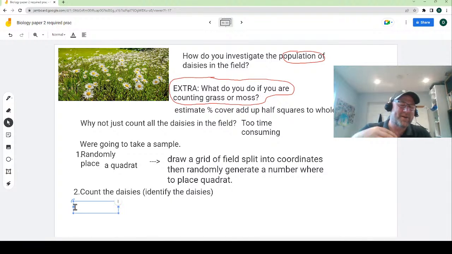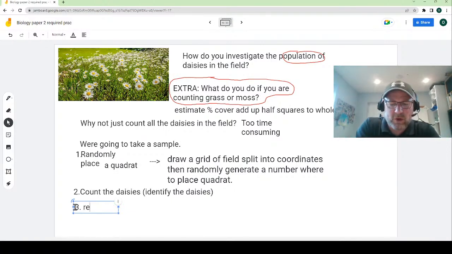Okay, still now I'm down to number 3. So it could be that you just want to say randomly place a quadrat, count the daisies. Step 3, how many times do you think we should do this? Yeah, similar to geography. So how many times do you think you should place the quadrat? Say it's a 100-meter field. My quadrat is a 1-meter quadrat. 5, good. Yeah, so you want to do minimum 5.